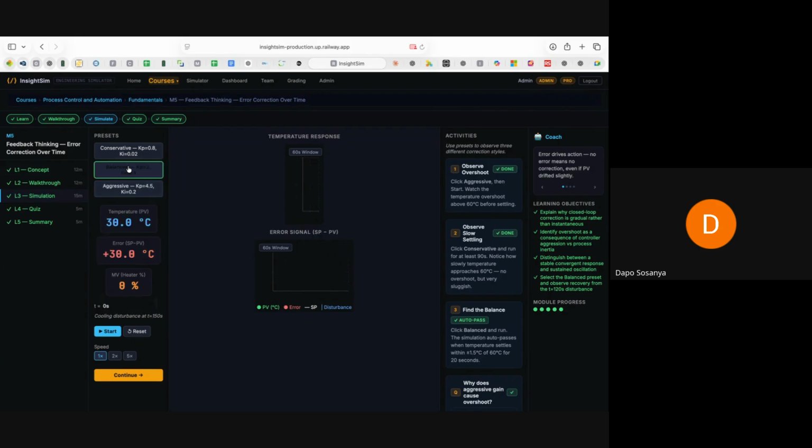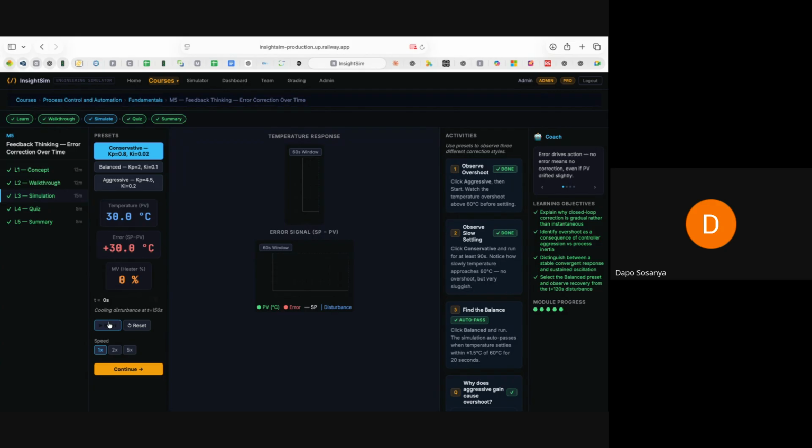All right. Let's look at conservative. So you can see the significant reduction in it, right? That comes with the conservative setting.